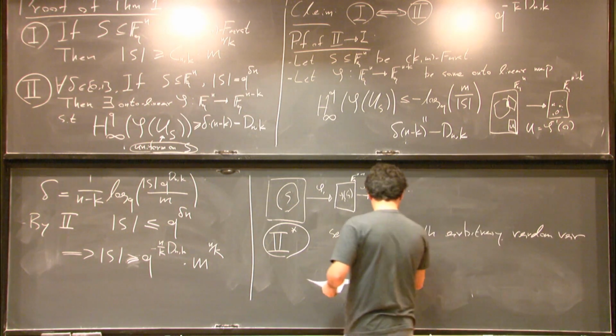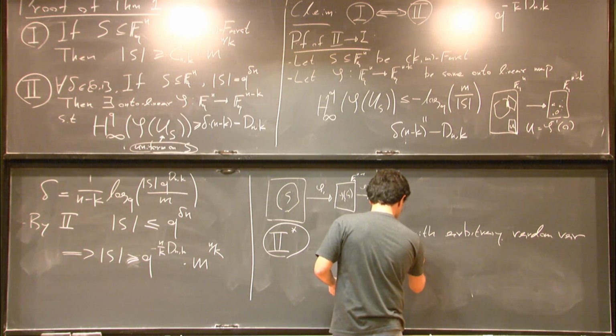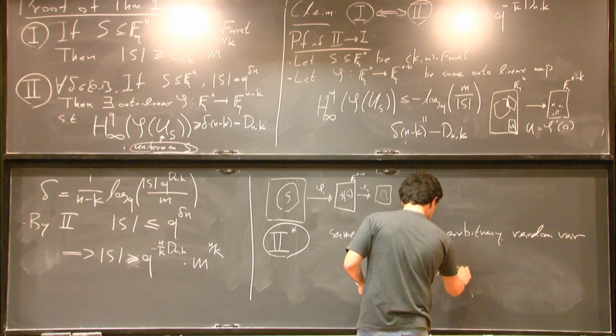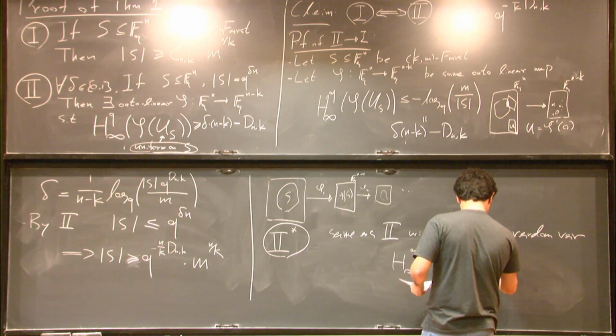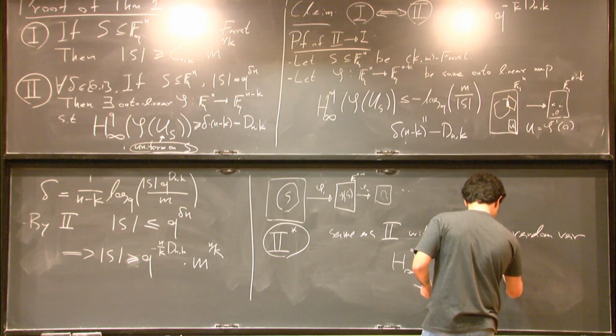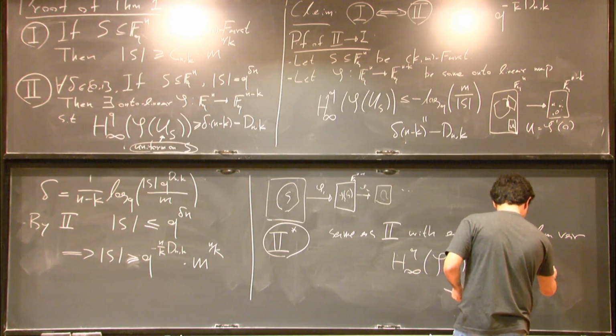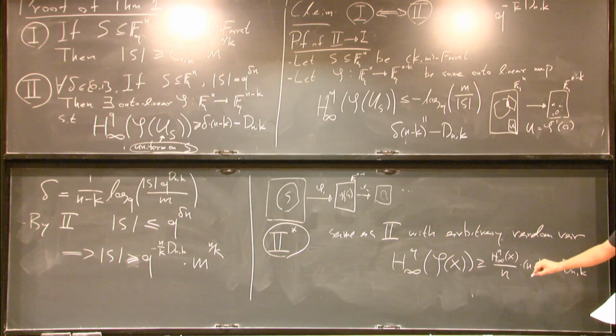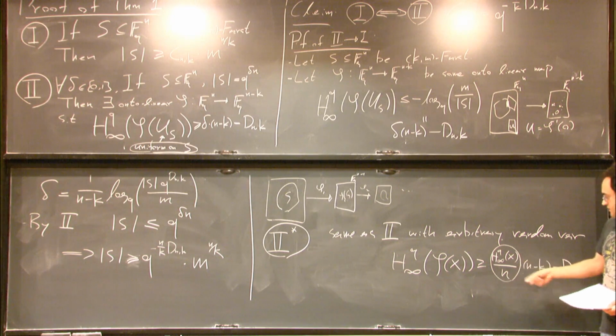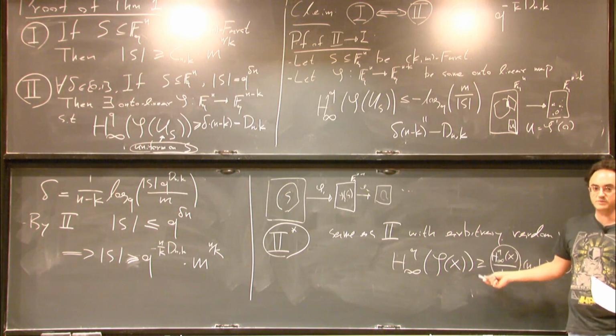So basically, you get something like, you have this is the delta, the original one. You get the same one with a loss for any random variable.